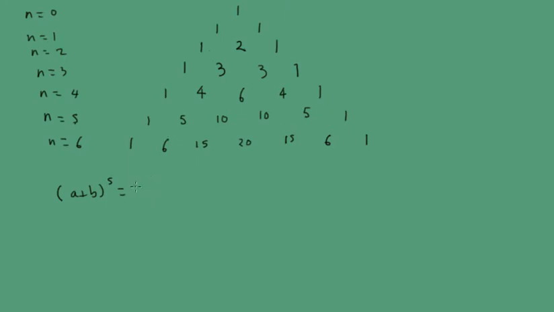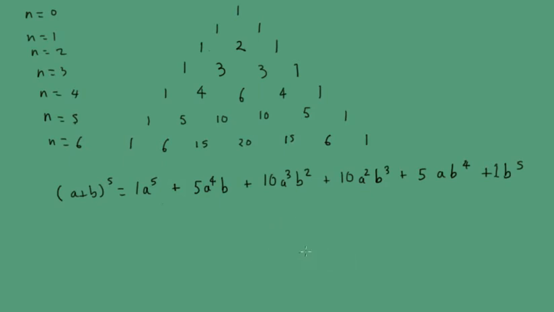So here we have 1 a to the 5th, plus 5 a to the 4 b, plus 10 a cubed b squared, plus 10 a squared b cubed, plus 5 a b to the power 4, then plus 1 times b to the power 5.